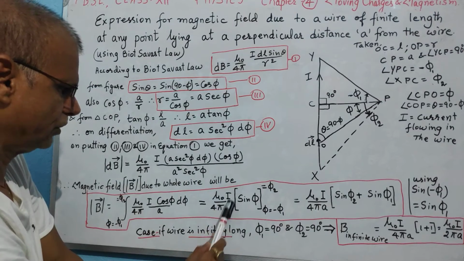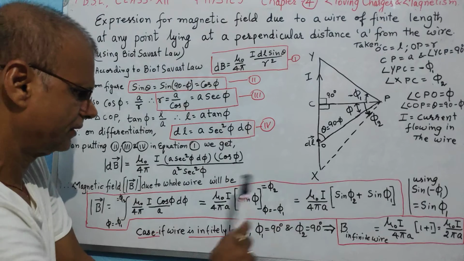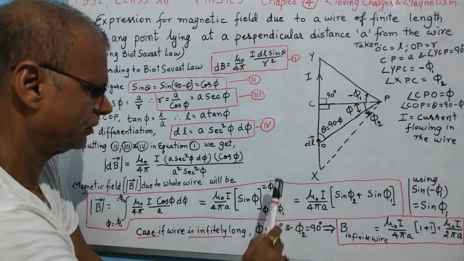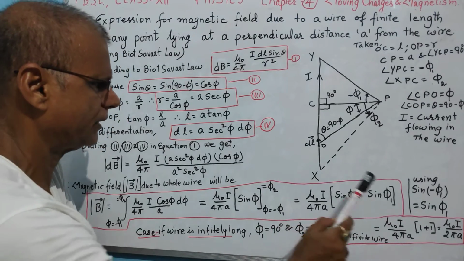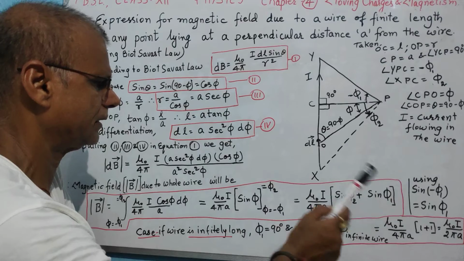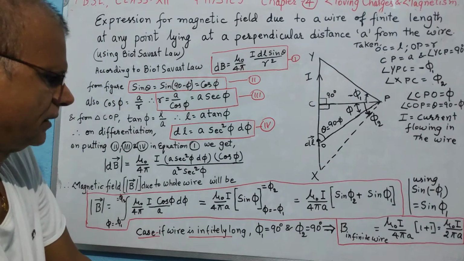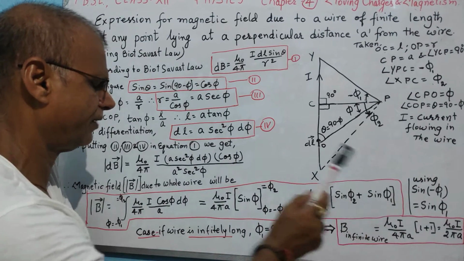So we have mu 0 I by 4 pi a, and within the bracket we have sin phi 2 minus sin minus phi 1. So sin minus phi 1 is nothing but minus sin phi 1, and minus becomes plus. Therefore we get sin phi 2 plus sin phi 1.